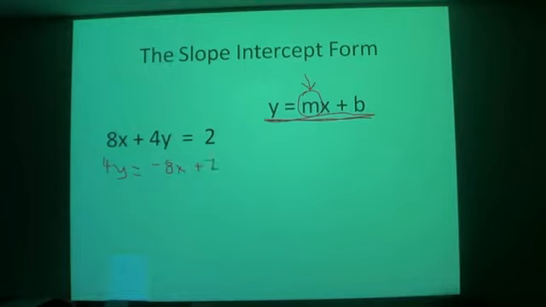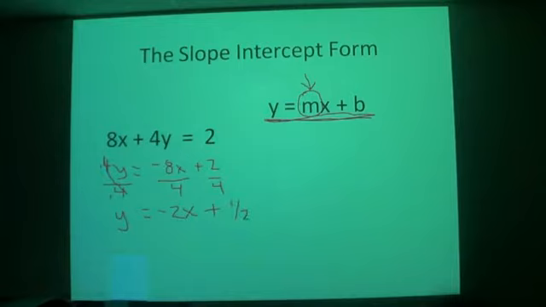And now, if I divide both sides by 4, dividing everything on each side by 4, this 4 cancels that 4 and basically just becomes y. y equals negative 2x plus 1/2.